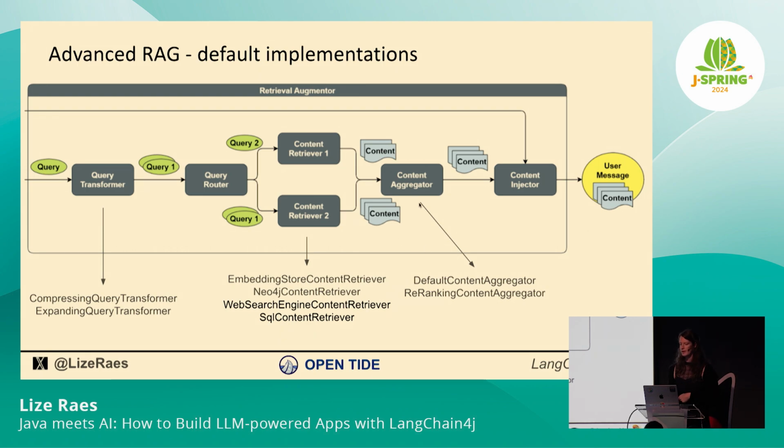The content aggregator is where we put all the chunks together. So typically the default one looks like: question, you can use these fragments, and then come the fragments. But we also have a re-ranking content aggregator that's going to kick out all the results that are not relevant. So you define a relevancy threshold, and you only keep what's really relevant.